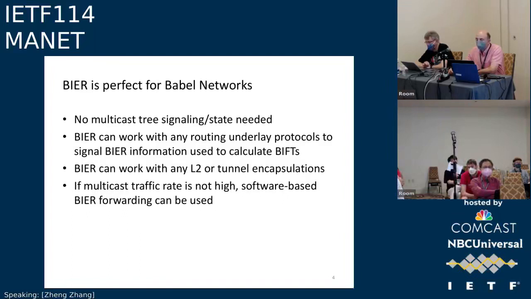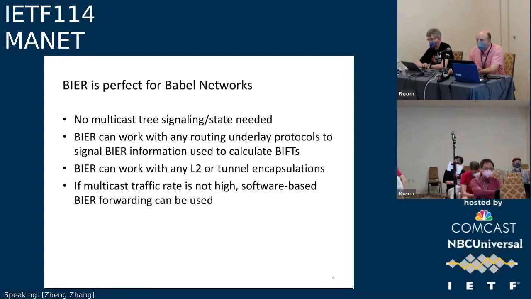From the above, we know that when we use BEER, there is no multicast tree signaling and no multicast state in the network. BEER can work with any routing protocol to signal BEER information used for BIFT calculation, for example, ISIS, OSPF, BGP, and Babel, and other routing protocols can do it as well.